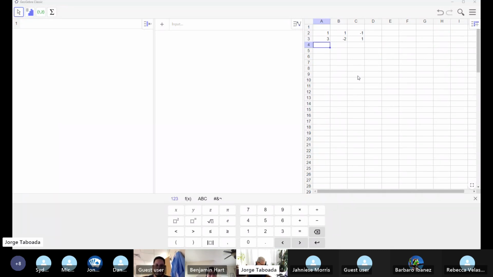Last row, 1... and negative 2. Okay, no noise, please.